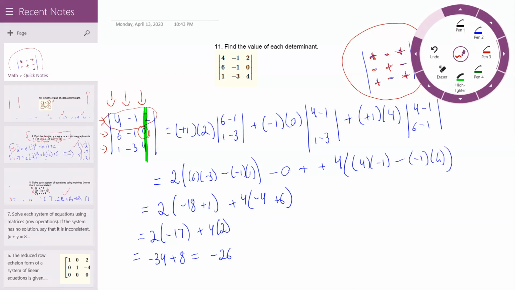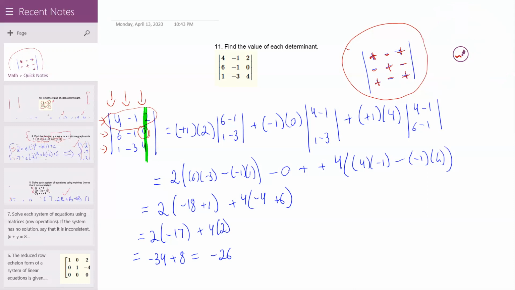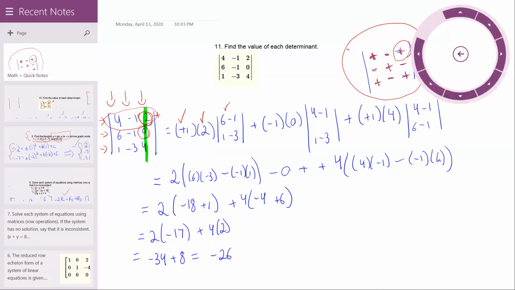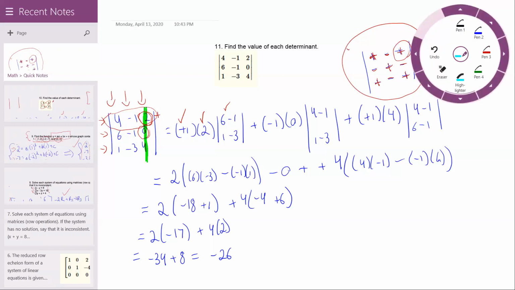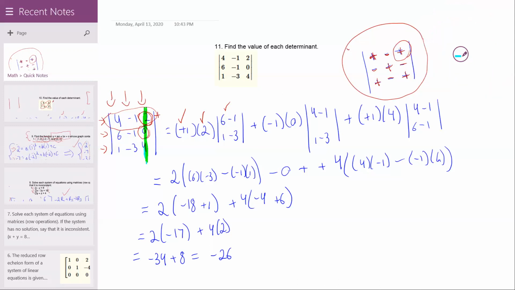So here, this is a plus from up here. So that's what this +1 is. And then we multiply by this number, which is the 2, and then multiply by the 2 by 2 determinant that occurs when you cross out those two side ones.